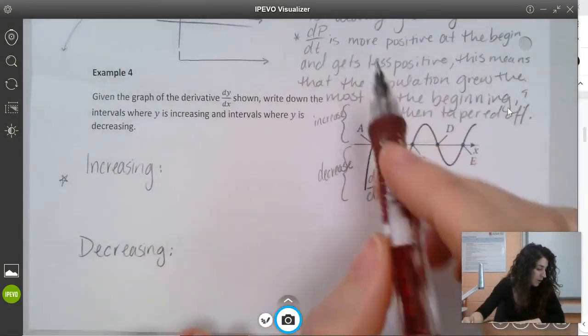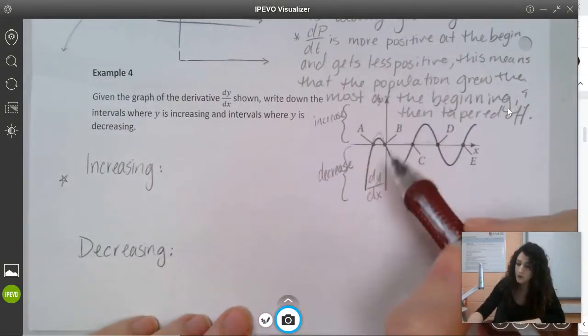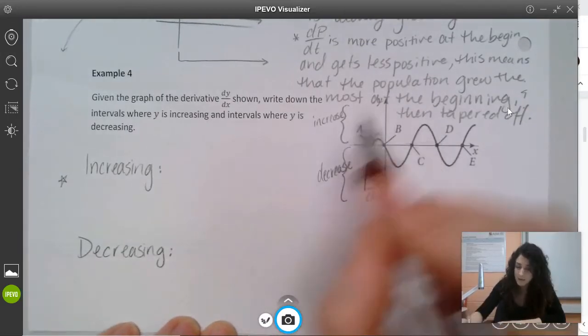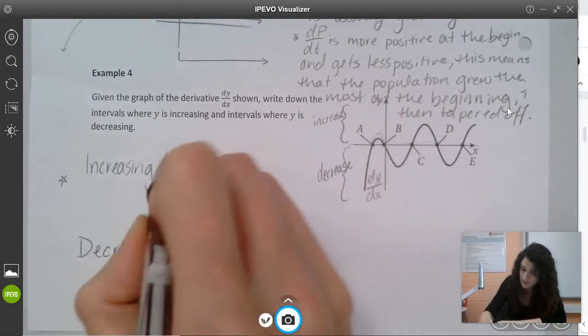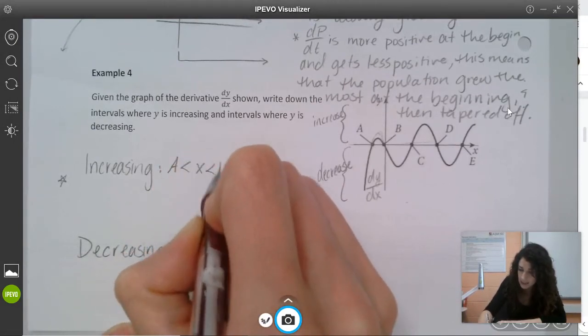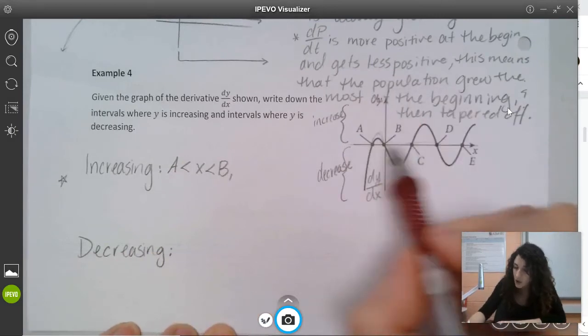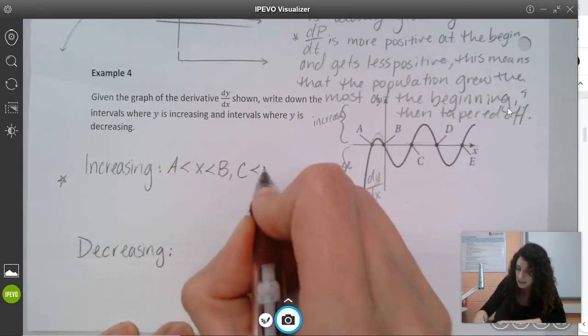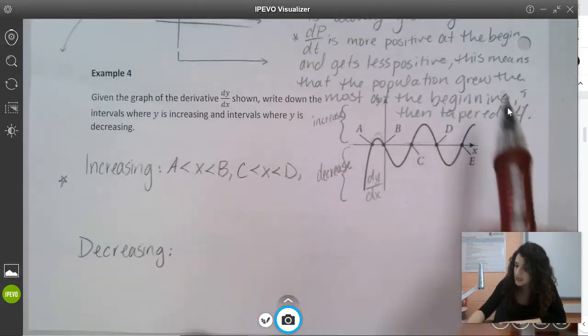Our original function is increasing when the derivative is above the x-axis. So it's above the x-axis between a and b, so a is less than x, which is less than b. It's also above the x-axis between c and d, so c is less than x, which is less than d.